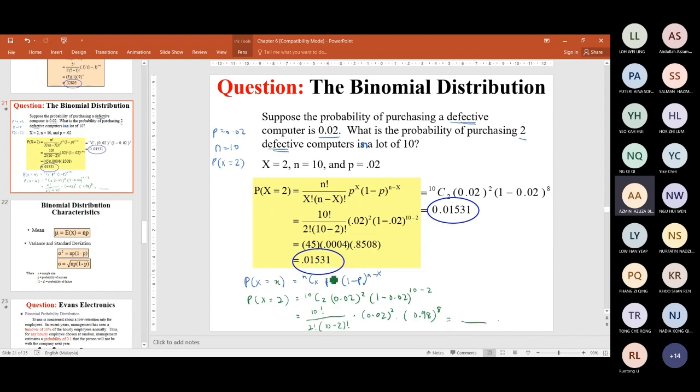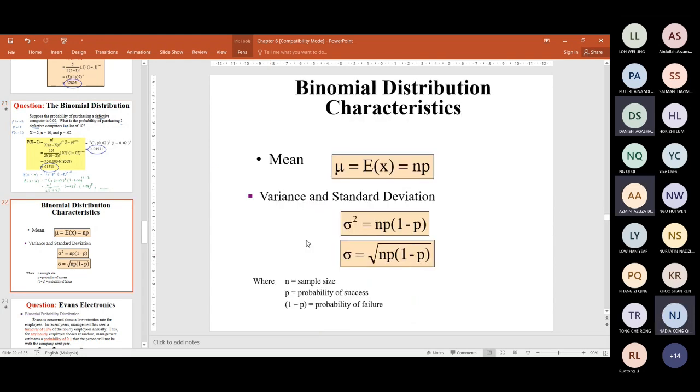This one, 0.01531. Please check whether it's correct or not. Can't remember. Okay. Any question? Is it okay? Okay, thank you, doctor.